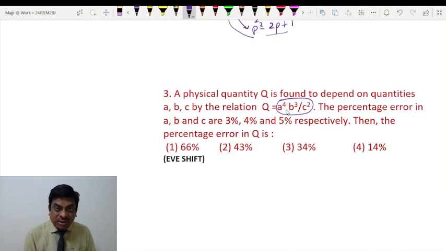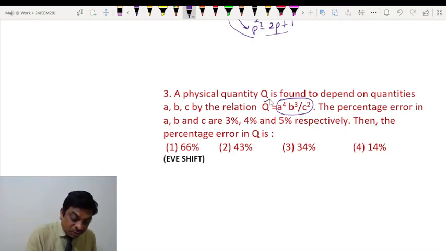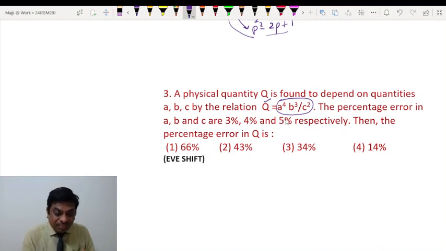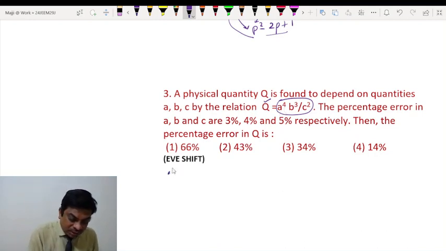So in such a case, that is in product and in quotient, the percentage error of the quantity which is to be calculated is equal to the sum of the percentage errors of each quantity raised to appropriate powers. So here you can see, I'll write percentage error in Q. As you can see, A is multiplied 4 times.